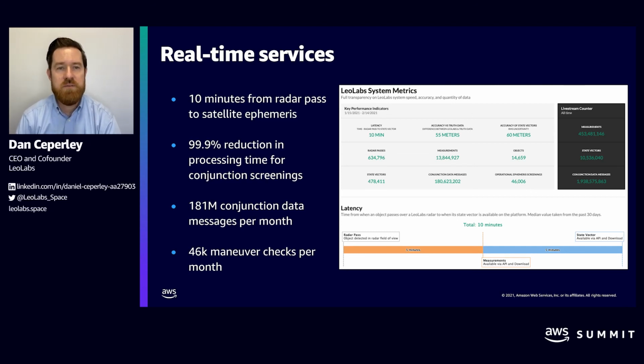The processing time reductions have also been truly remarkable too. As Shane mentioned, conjunction assessment used to be a very manual process. It used to be done on 8-hour shifts with a lot of human intervention. We are now able to process a customer request in a handful of seconds and basically speed up the process by 99.9%.